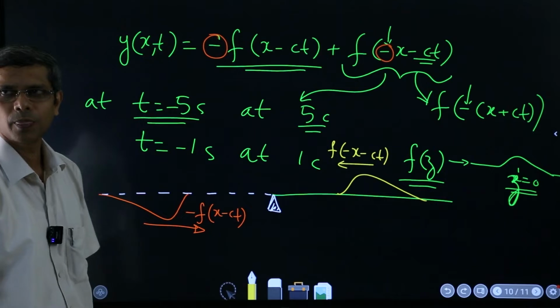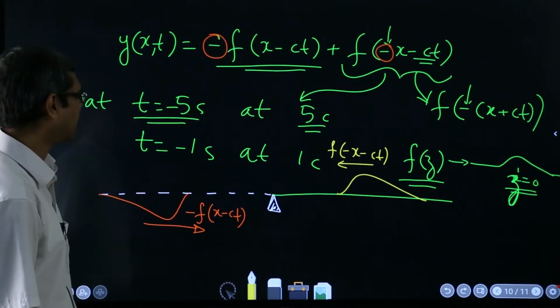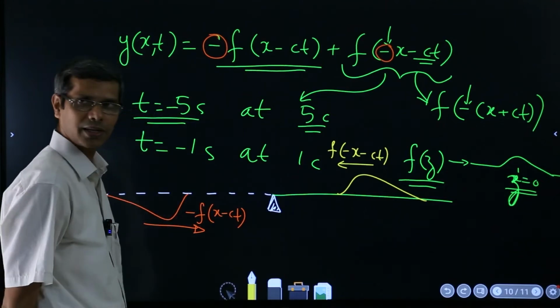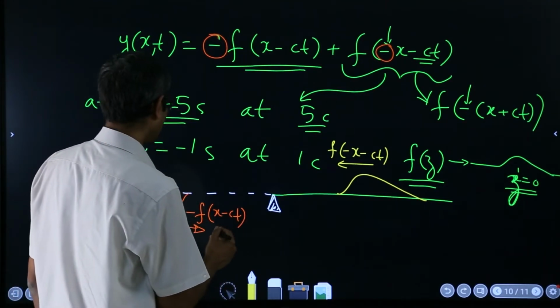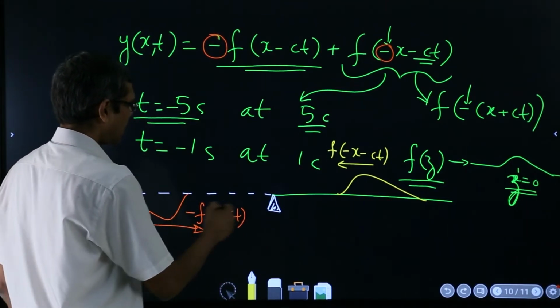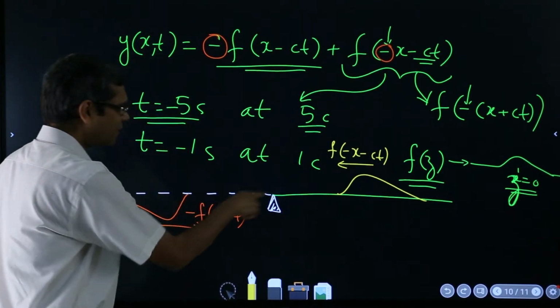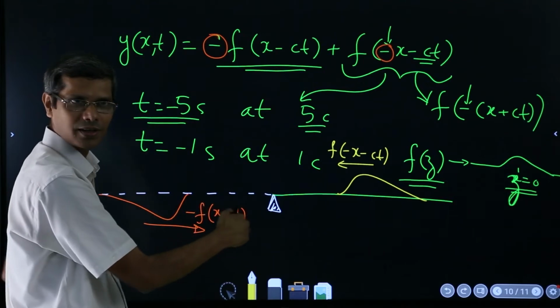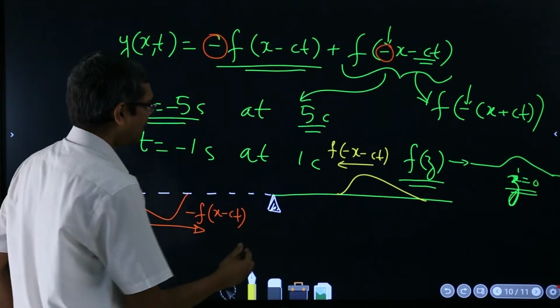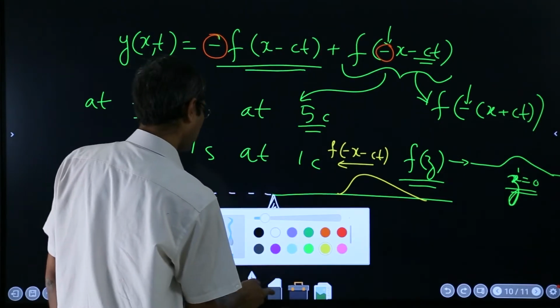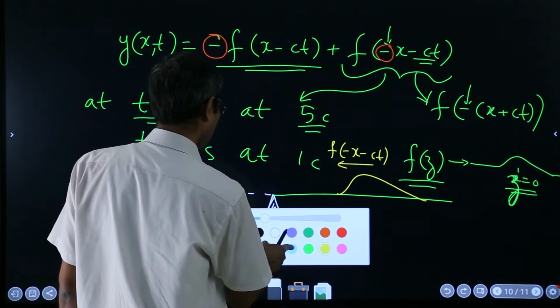Okay. Now as they reach this point, what will happen is at every such moment they will cancel out each other, right? And I want to draw it, but I don't know whether I have the skill to draw it.